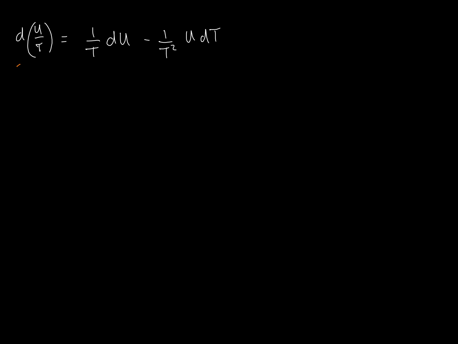Now we can rationally think about why we'd want to look at U over T, because 1 over T is defined as dS dU. Did I get this right as the reciprocal? Or dS dU? I'm trying to draw a blank here.